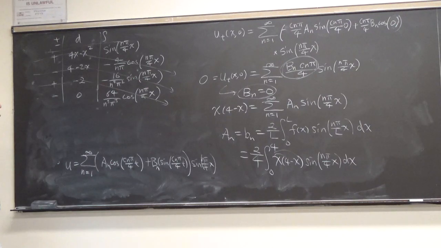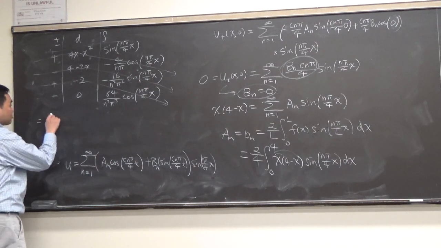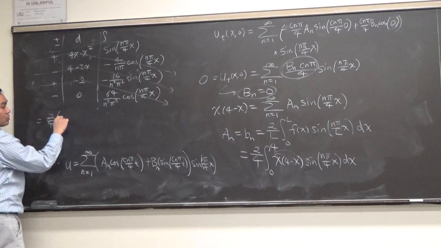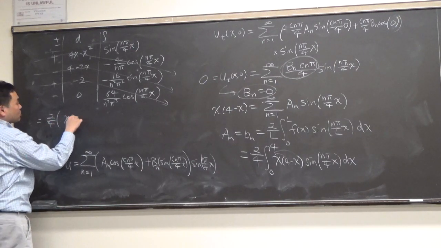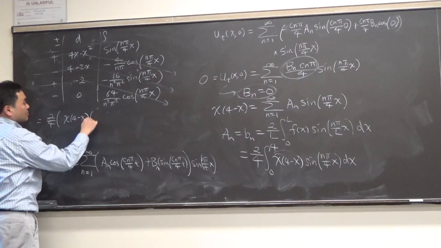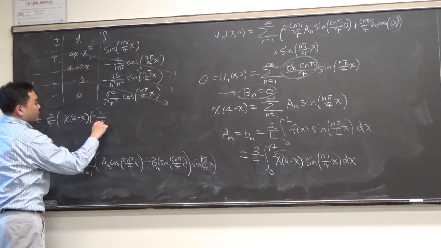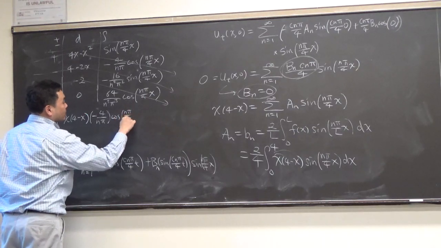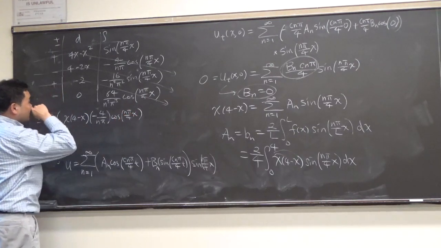So the result of the integral will be, don't forget the 2 over 4, 2 over 4 times x times 4 minus x times negative 4 over n pi cosine n pi over 4x. Okay.